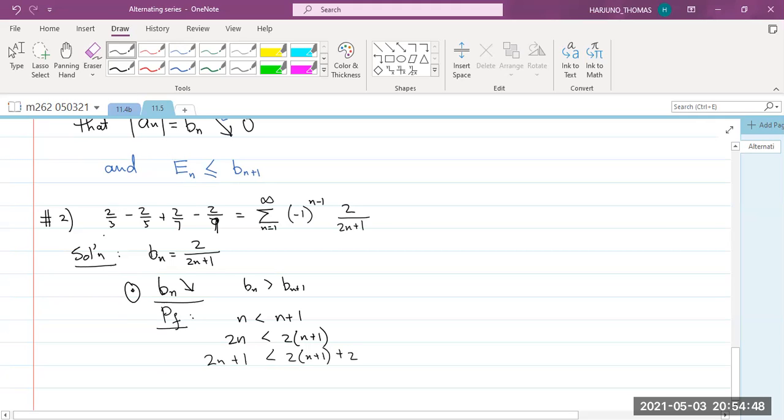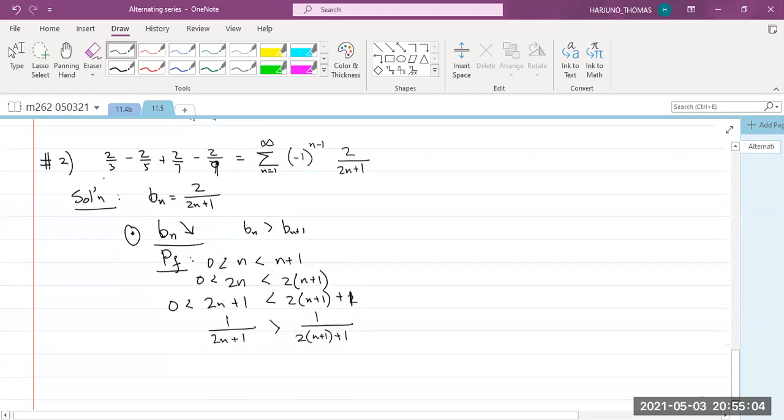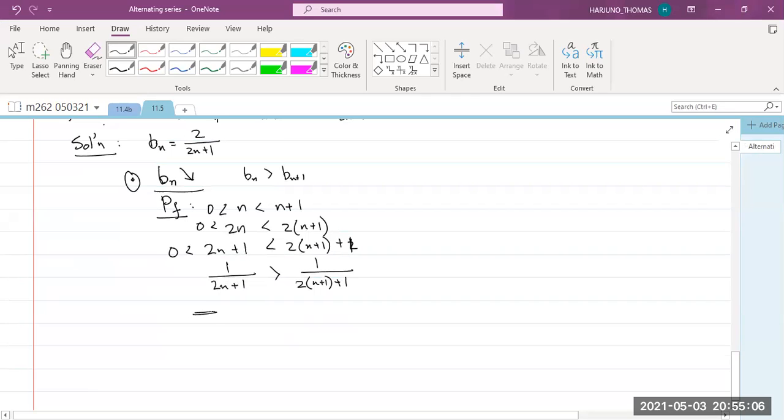But when you take the reciprocal, since it is positive, the inequality is reversed. So we have shown that it is decreasing.